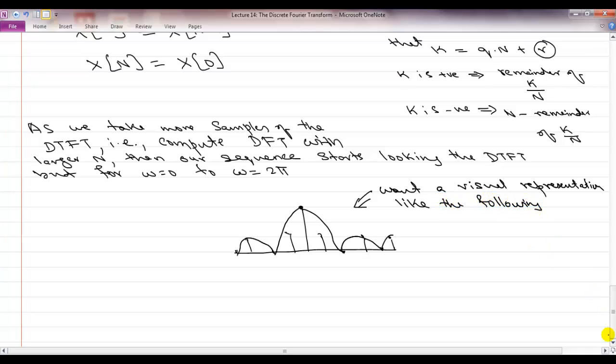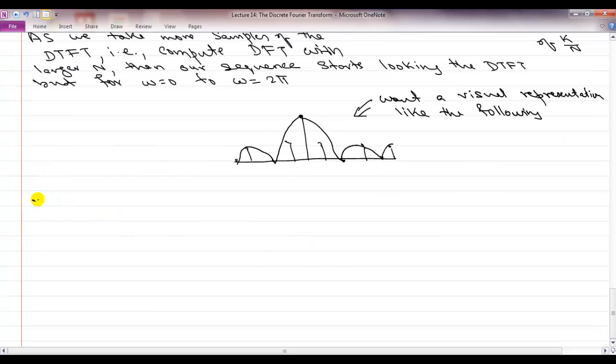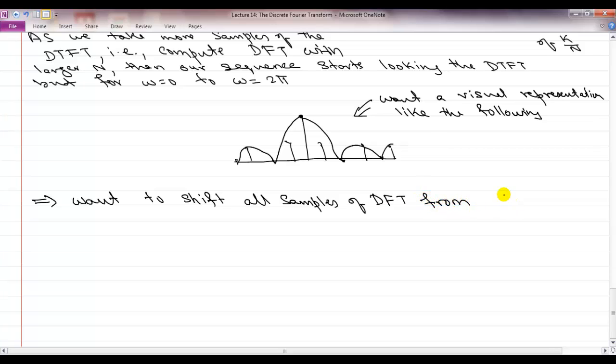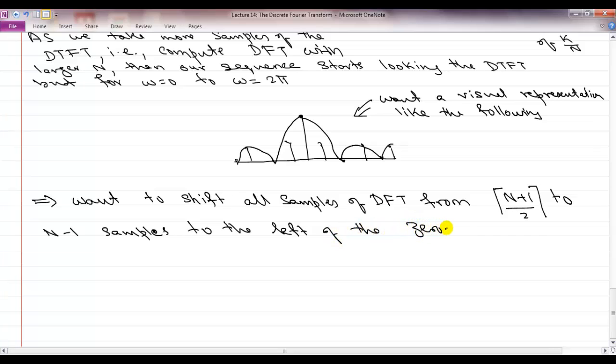Or effectively what we want is to shift all samples of the DFT, or all coefficients of the DFT, from the ceiling of (N plus 1) divided by 2 to N minus 1, to the left of the 0th sample.